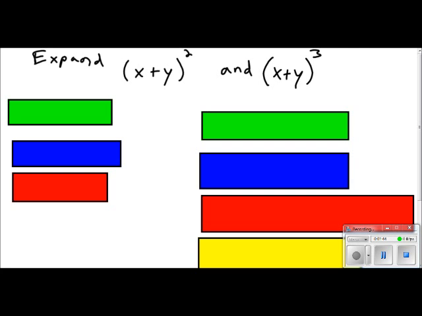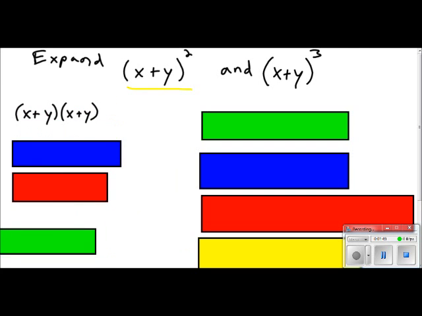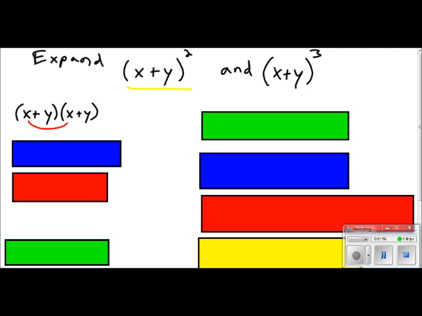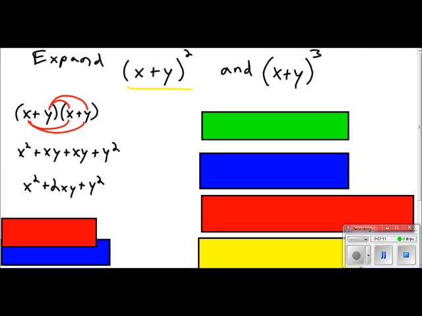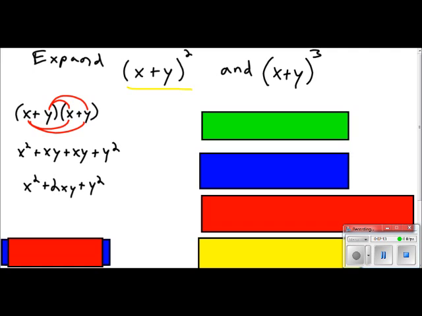So if we wanted to expand x plus y squared, we would write it out as x plus y times x plus y, and again we would just foil, so x to x, x to y, y to x, and y to y, and that would give us x squared plus xy plus xy plus y squared. And when we combine those all together, it would give us x squared plus 2xy plus y squared.